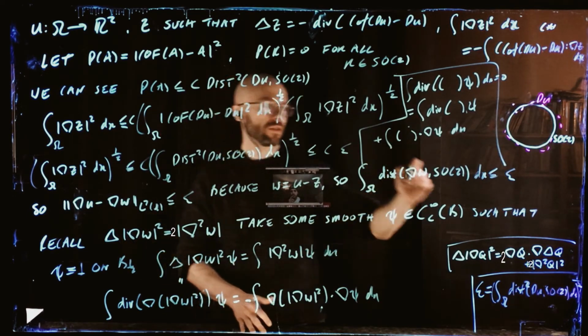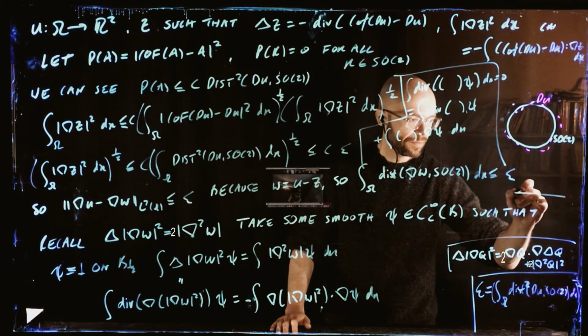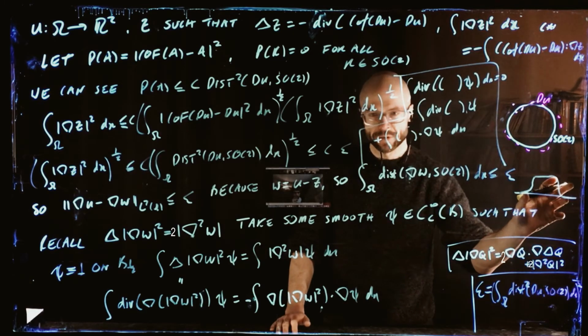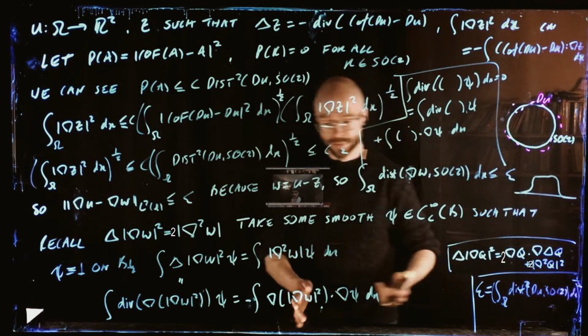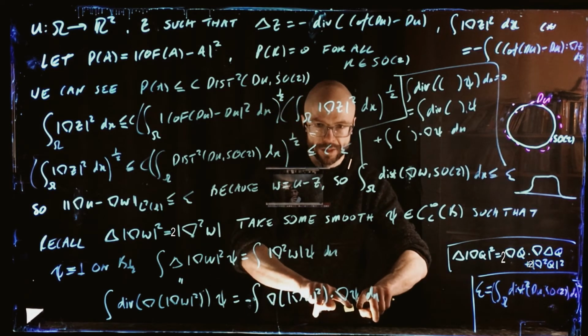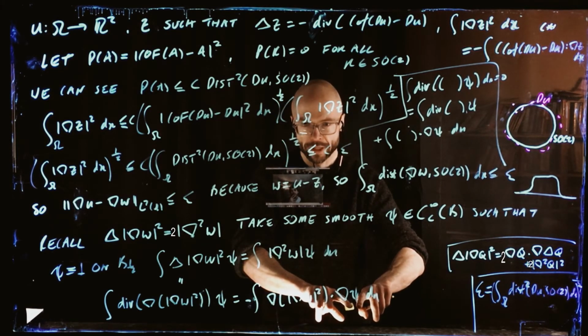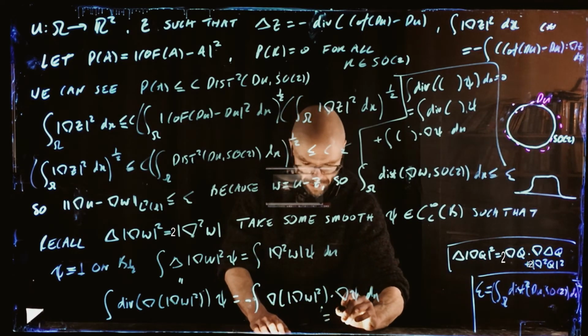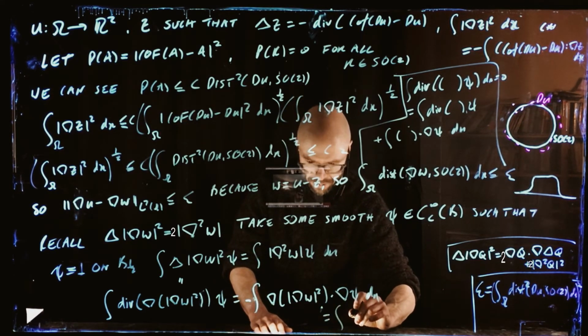So in the sideways picture, I chose it like this. We can set this up so its gradient vanishes on the boundary too, which means we can do the same trick and put this gradient onto this side by another integration by parts. And that gives us back another minus sign, so then we have this.